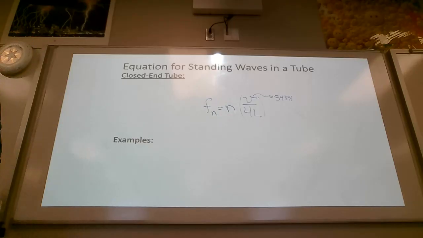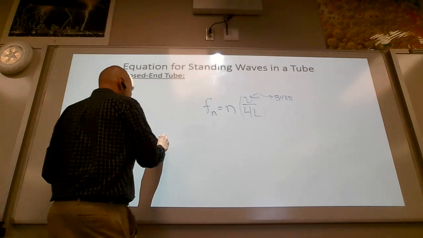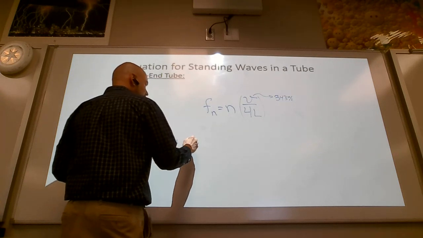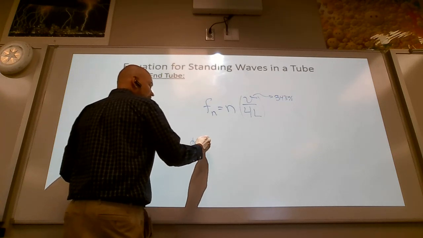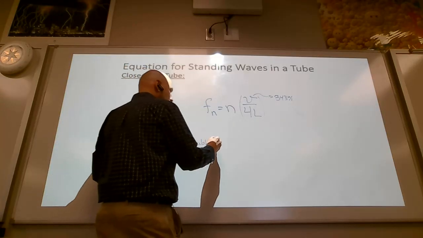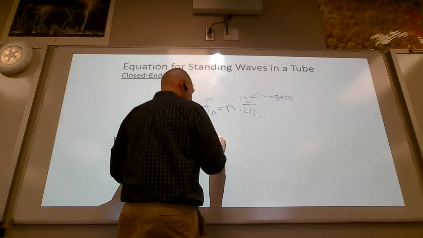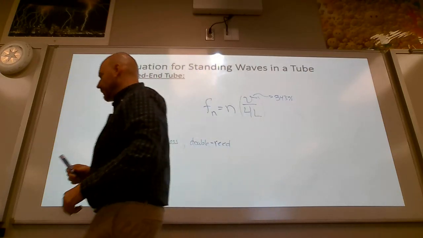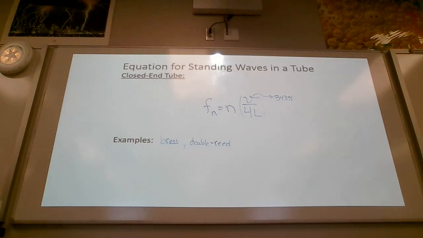Okay, examples of this are brass instruments, and there's debates on whether a double reed is an open end tube or a closed end tube. We're just going to throw it in the closed end tubes.